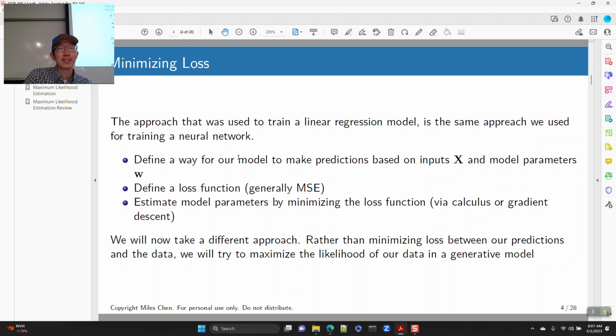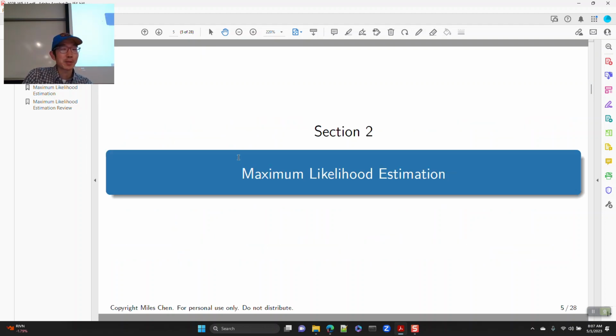Now, I'm going to spend some time reviewing maximum likelihood estimation because just in my own statistics learning journey, it took me several times of seeing maximum likelihood estimation before I got it. And maybe some of you already get it, and it's like, oh, this is dumb and this is a waste of time.